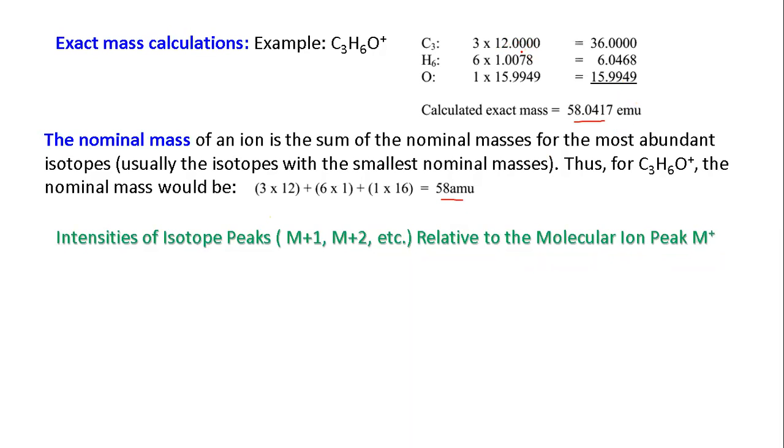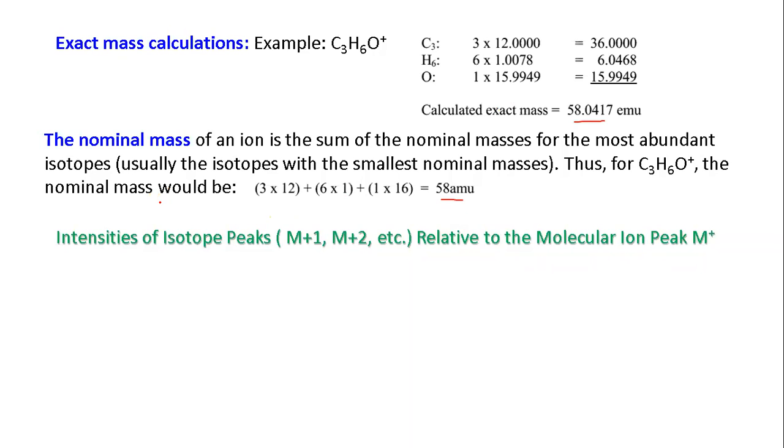We have so many values after the decimal point. Generally, we can easily remember the nominal mass of the atom. Carbon is 12, hydrogen is 1. We'll have 1 point some values, like 1.007678, which we don't generally remember. So nominal mass we generally remember.